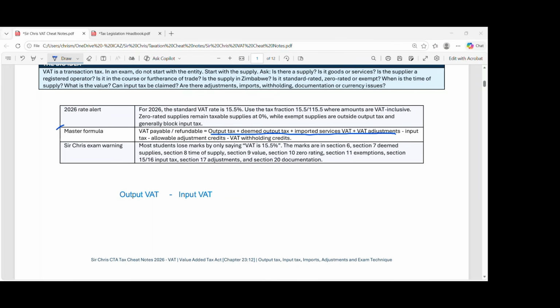So zero rated is section 10 and exempt is section 11. If I go to those two sections, section 10 for zero rated and section 11 for exempt supplies, anything that is not within section 10 and section 11 automatically becomes standard rated.